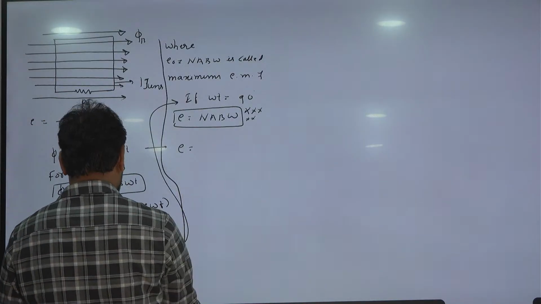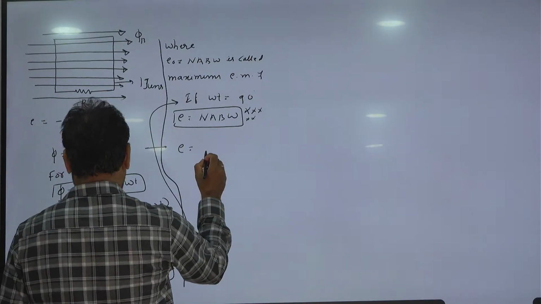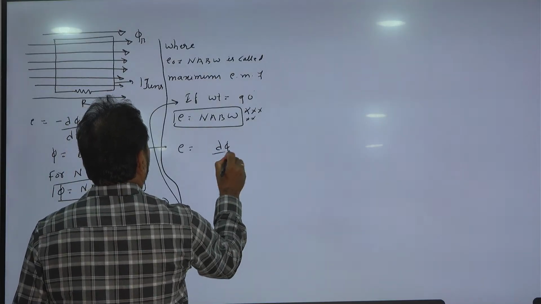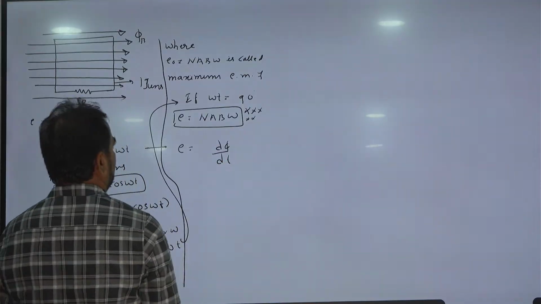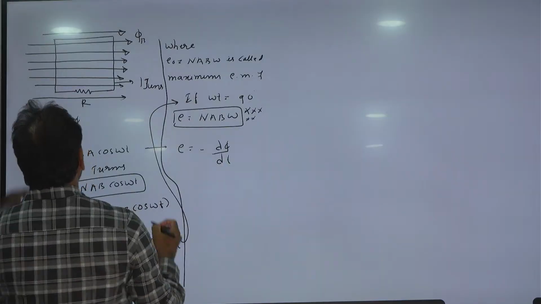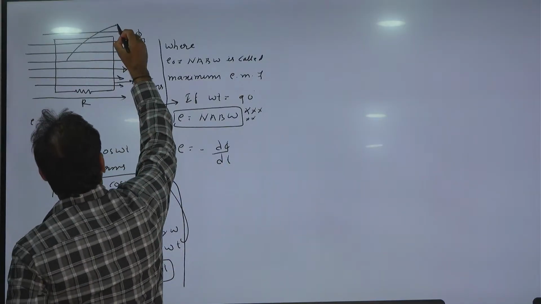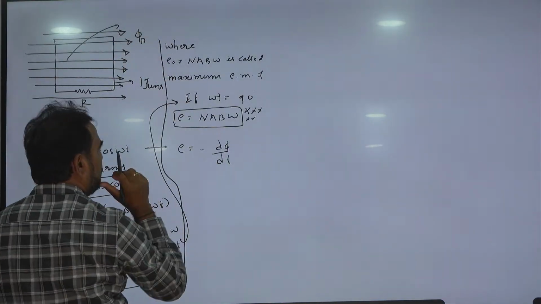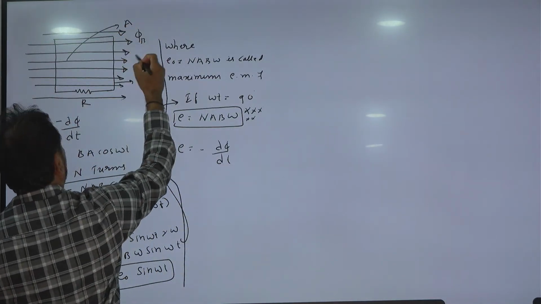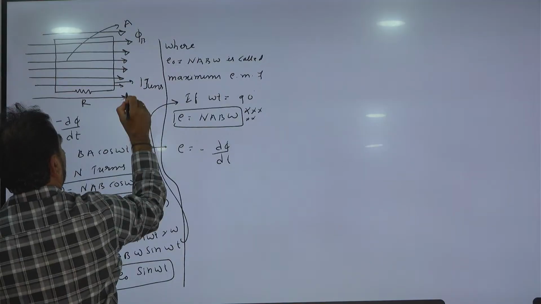Okay, E is equal to minus d phi by dt. I am writing like this: minus d phi by dt. But what is phi? Phi is B dot A. Let's take the area of the loop as A. The magnetic flux would be phi of B.